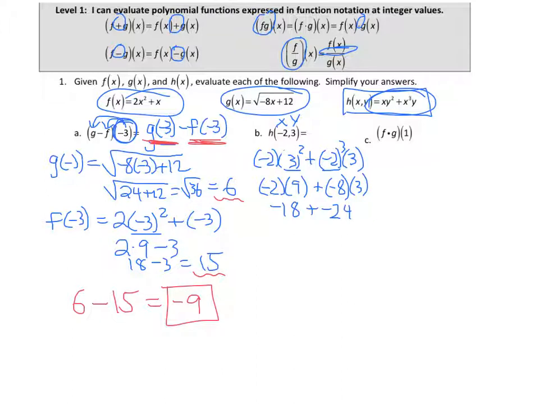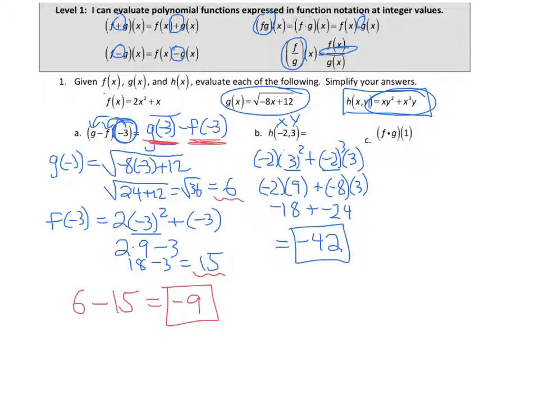And when we add those together, we get negative 42 as our final answer for that one. So we were just plugging two different values, one in for x, one in for y, into the same function.